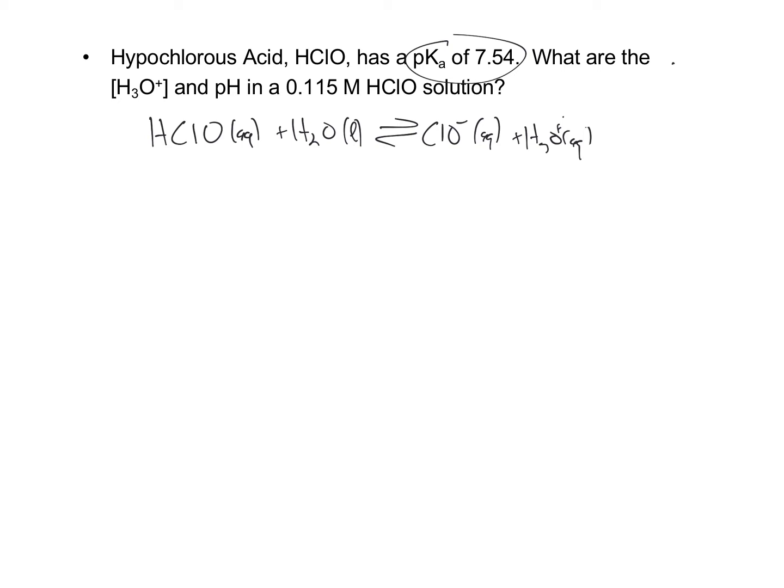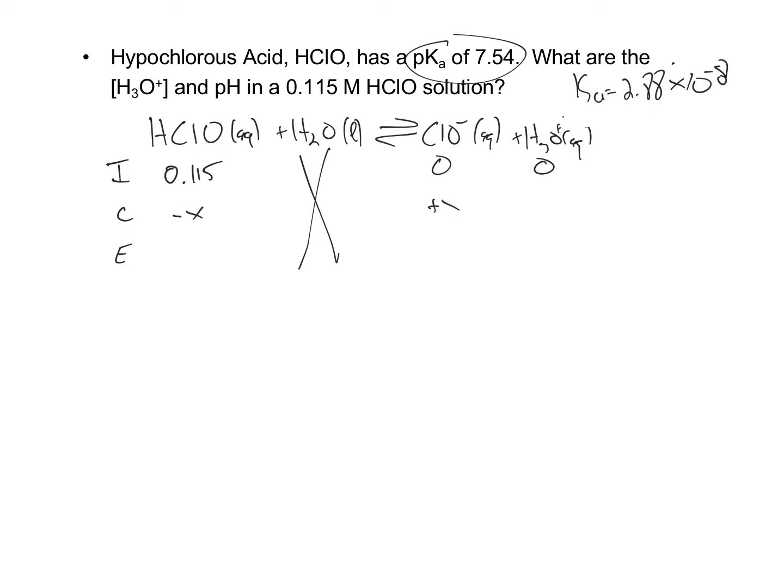All right, so we found that Ka is 2.88 times 10 to the minus 8. All right, so continue to work on our ice table. We don't care about water. ClO minus and H3O plus both start at 0. We have 0.115 for the HClO. Fill in our change row.